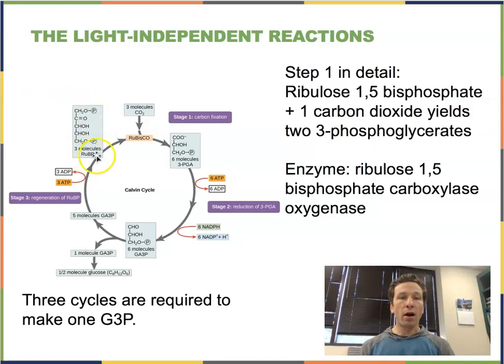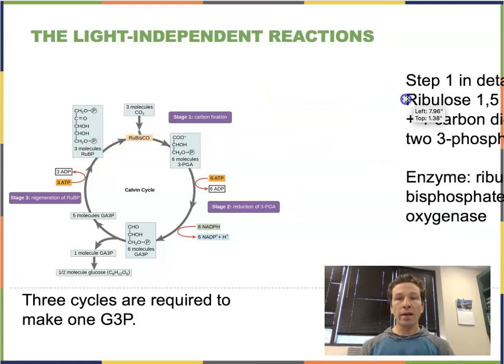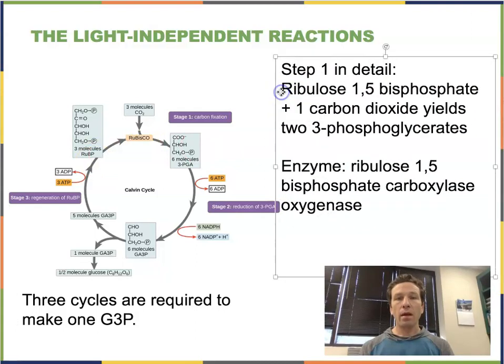So this RuBP, if we take that abbreviation apart, what we're really looking at is ribulose 1,5 bisphosphate. And why is it called that? Well, we won't worry about the name ribulose, but you can see there's a phosphate group attached on the 1 and 5 carbon.